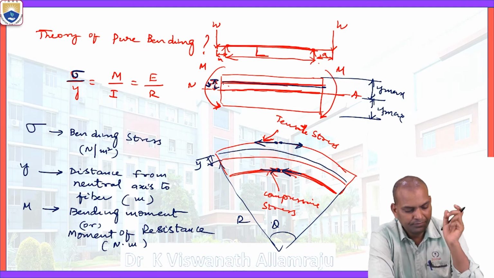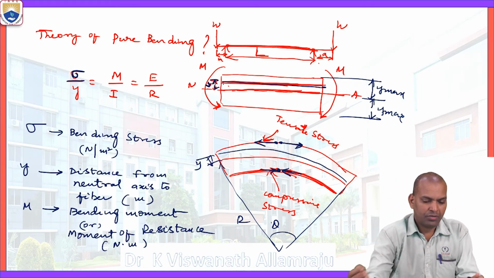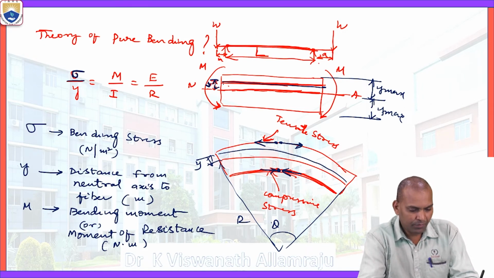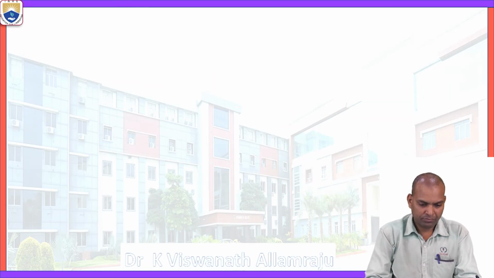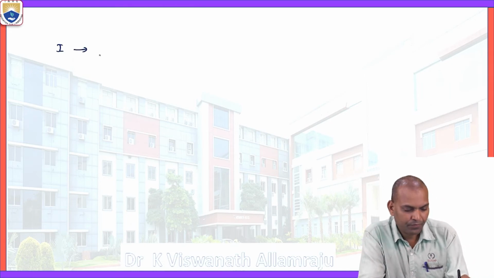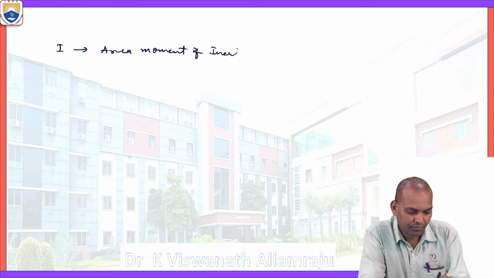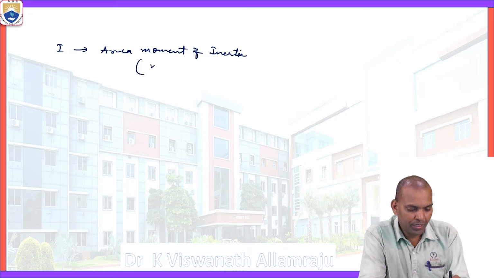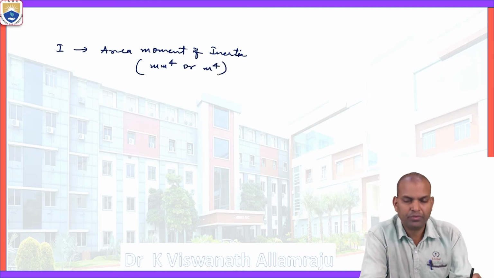Now, another definition, another letter. What is next one? I is the area moment of inertia. The unit for area moment of inertia is mm to the power 4 or meter power 4.